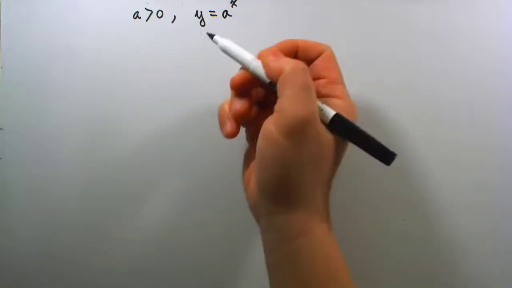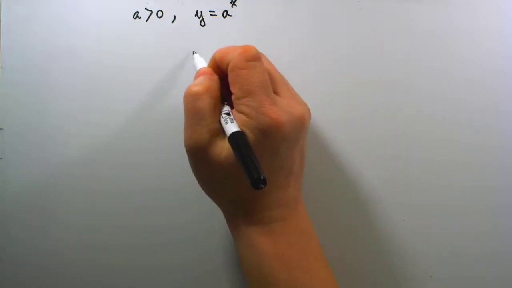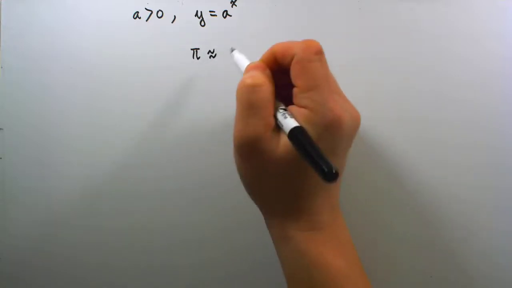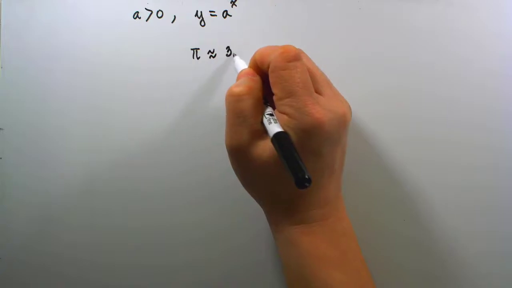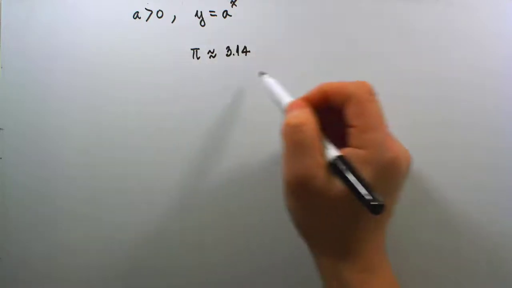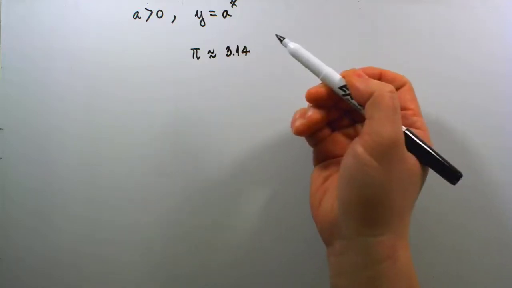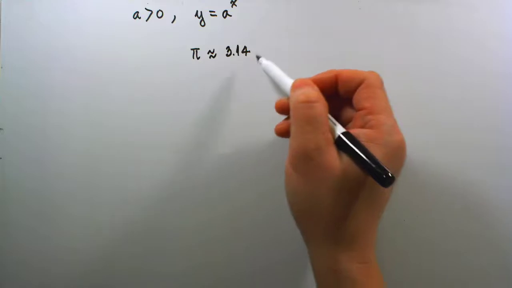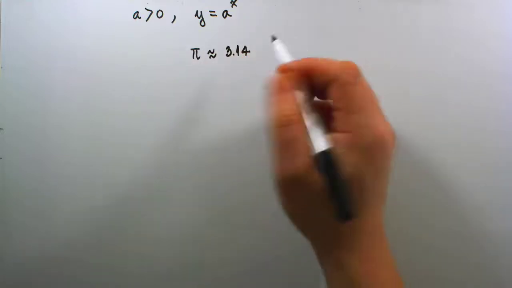Just like that, think about the value that we have already known for so long, pi. In numerical approximation, pi is about 3.14, and this constant has been introduced to all of us since second grade, third grade, for calculating circumference and area of circles.